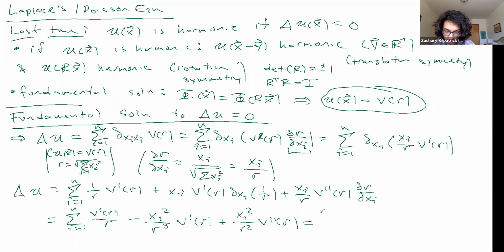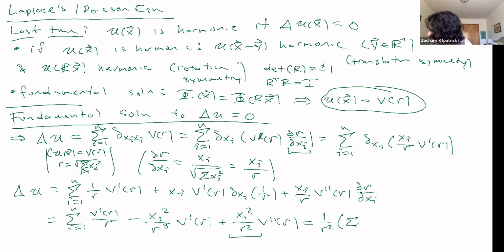Okay, so I can rewrite this as 1 over r squared now, and notice that this is a sum, right? So I can pull the 1 over r squared out of the sum. I can pull the v prime prime out of the sum, right?